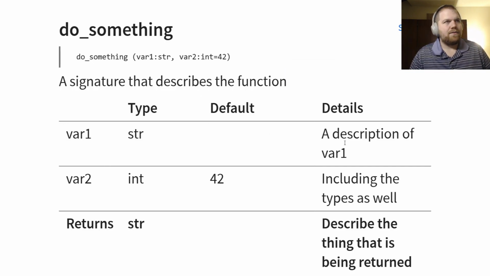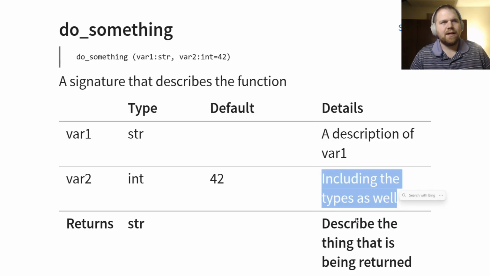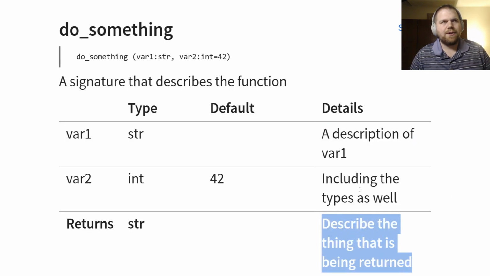And then down here you've got the table. Here you'll notice our parameters that we had, the types that they're supposed to be, default. If there are no defaults, this will not show up. And then the details of these were the comments for each parameter, and then the output.